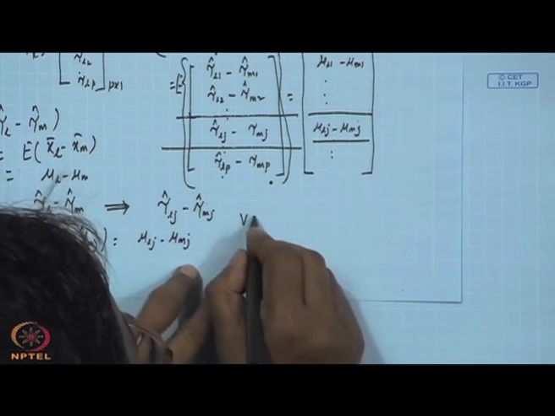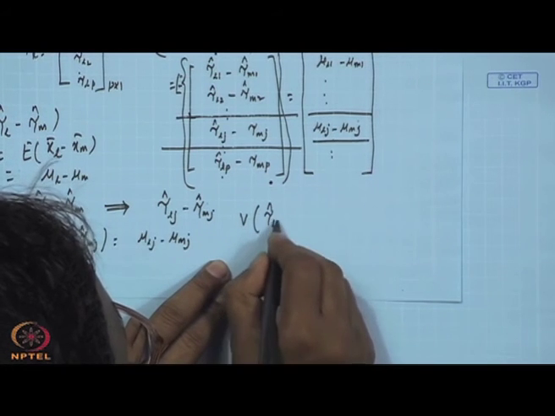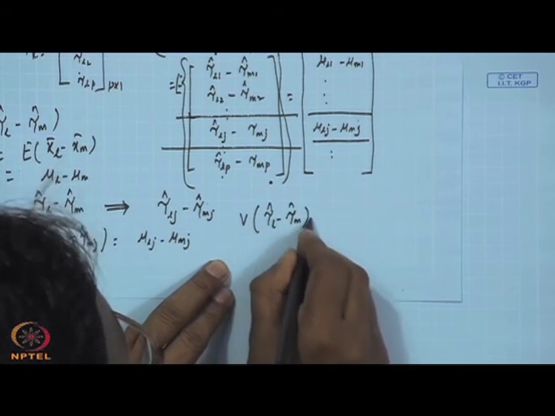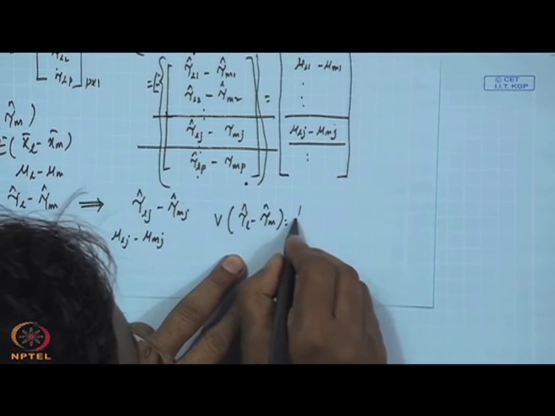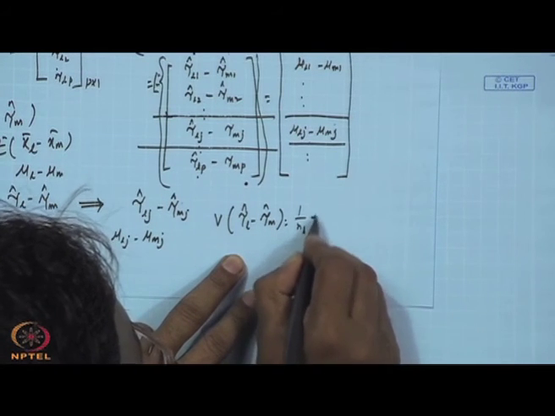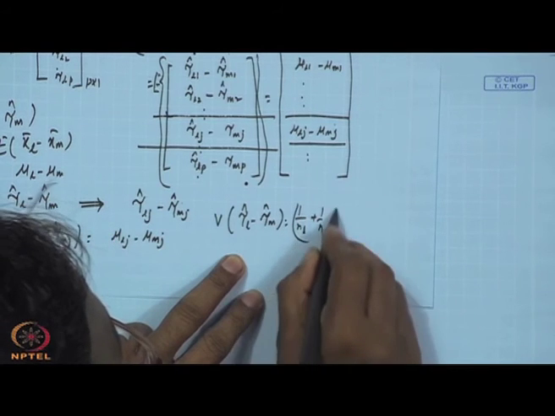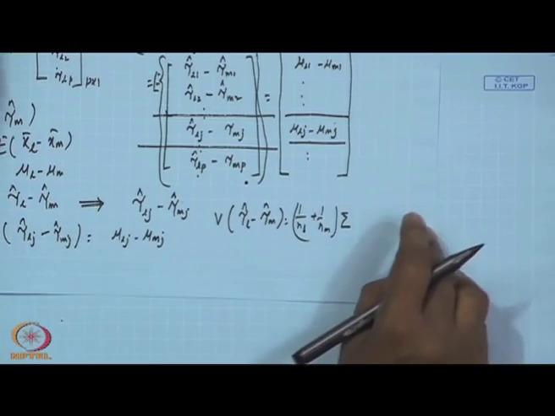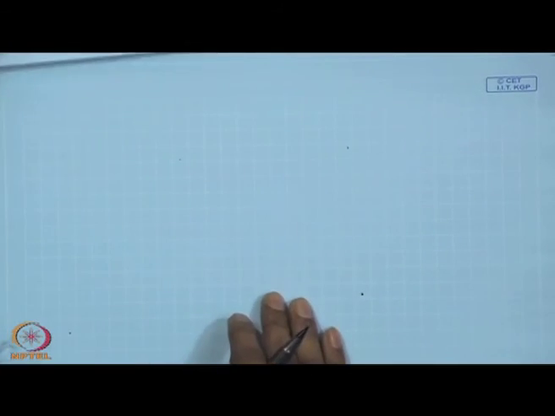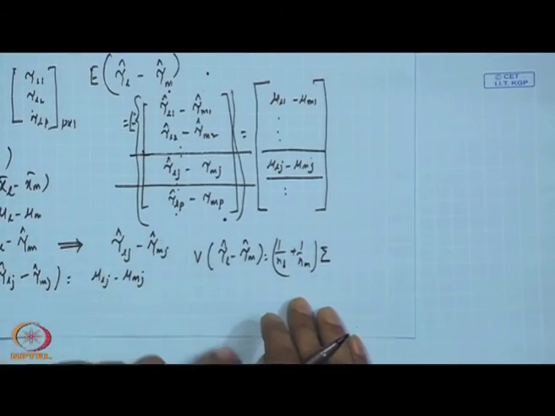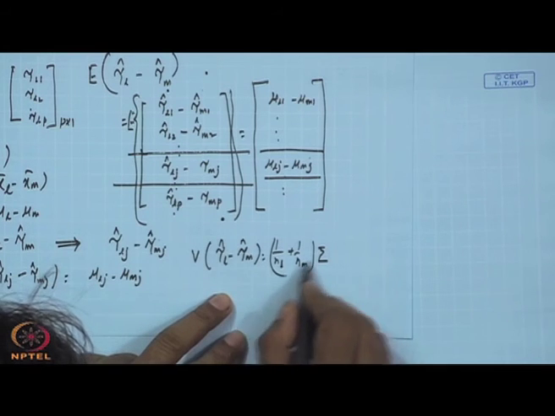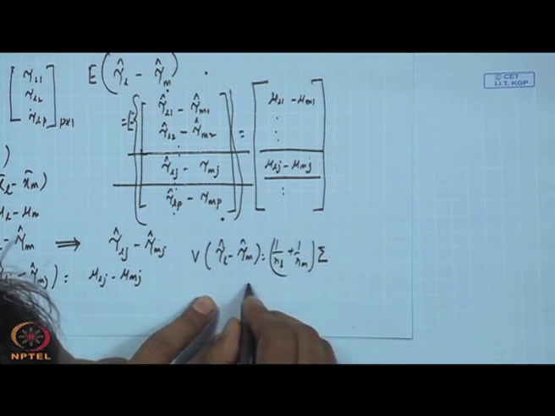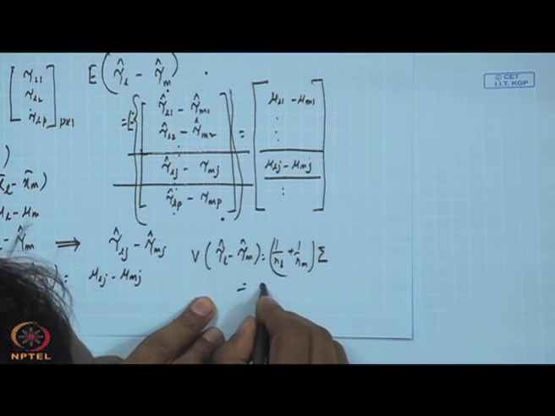Then what will be the variability part here? The variability of tau L minus tau M, as you have seen, is 1 by N L plus 1 by N M into sigma. If I write this quantity as C, it is basically C sigma.